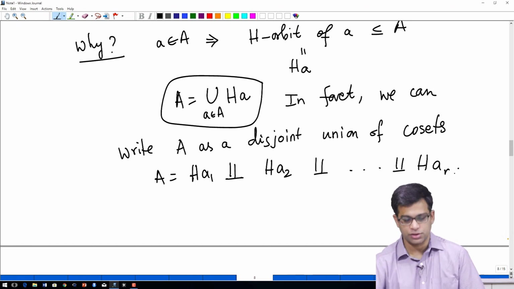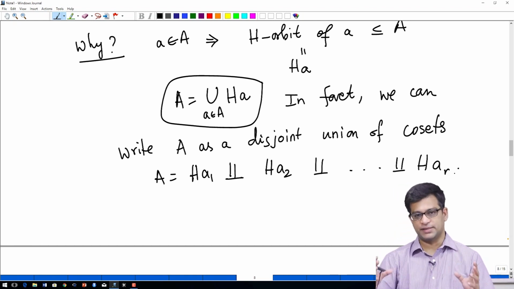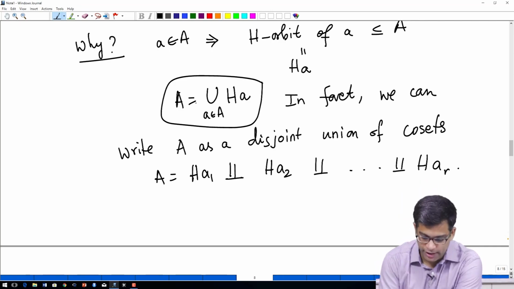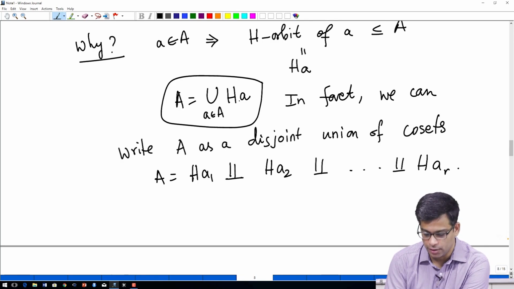Because again remember cosets, which are equivalence classes for a group action, are either same or they are disjoint. So A is a union of HA because every small a is in some HA, namely it is in HA, and they cover A.